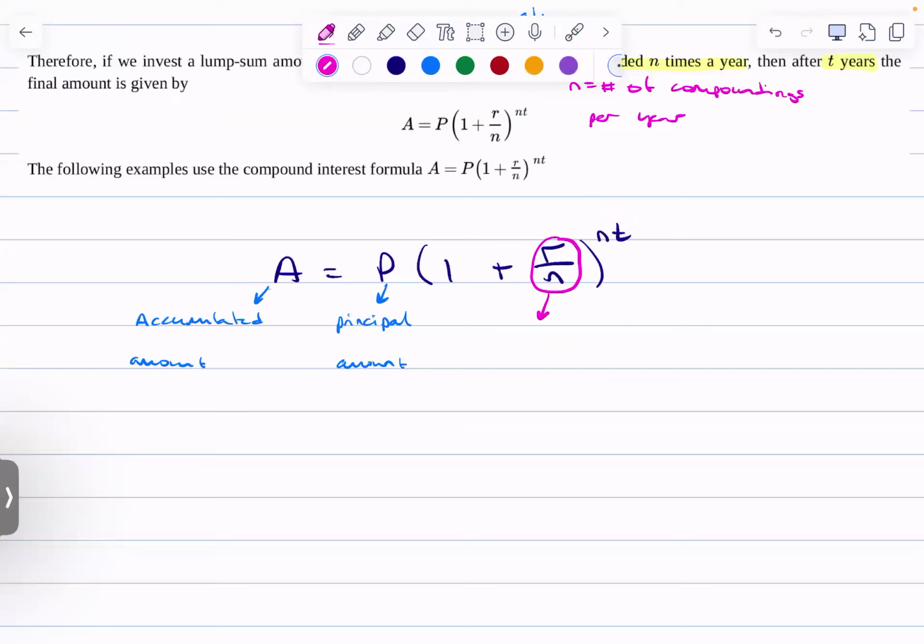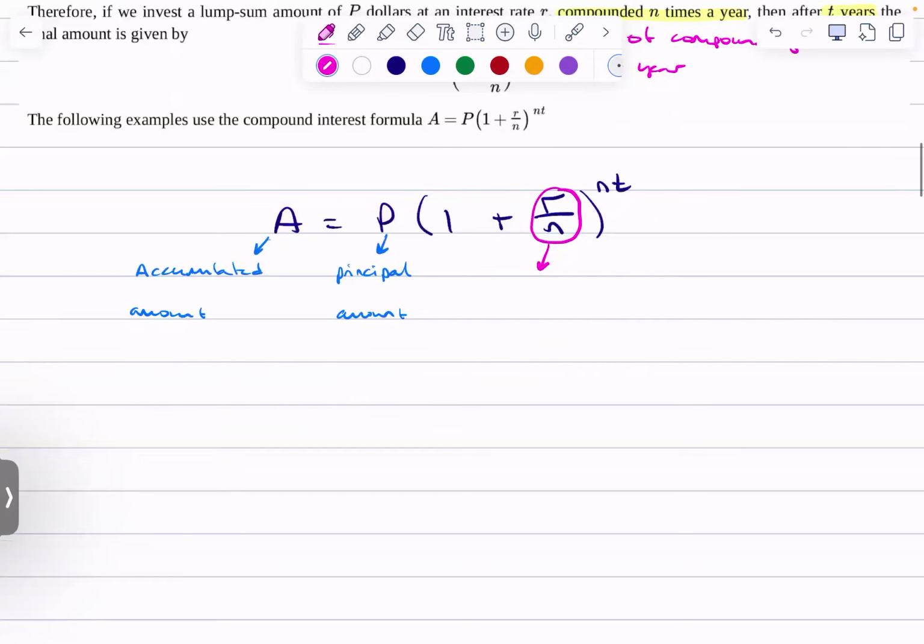It is the rate per compounding period. R still has to be a decimal. And then we divide it by however many times we're compounding. We split up that rate across the year.